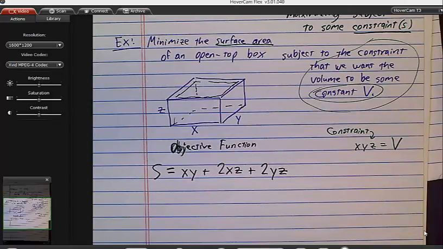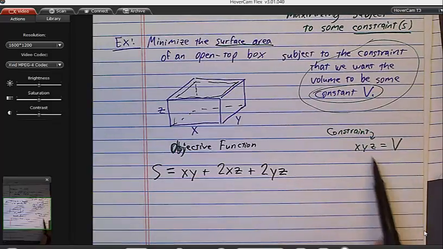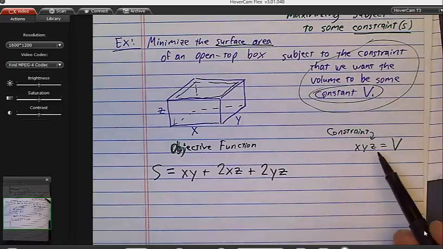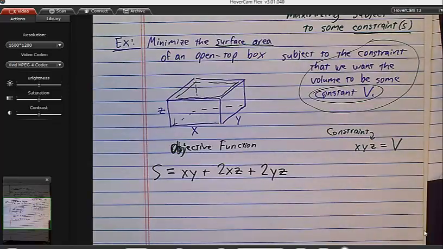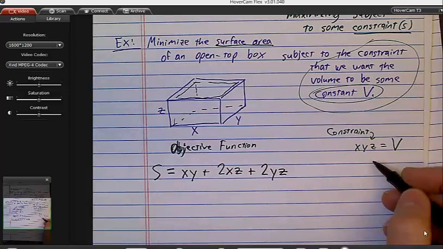So the way it worked in Calc 1 was this. If you wanted to do this problem, you needed to have enough constraints to substitute in here. But now that we're in Calc 3, we don't necessarily need that anymore. That's kind of the idea, right? So, for example, I could solve for z.